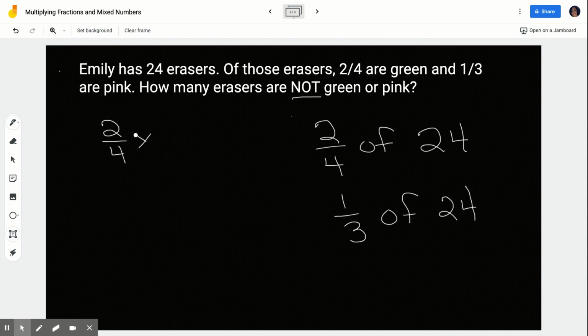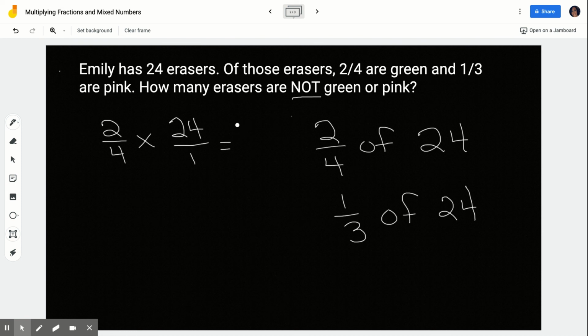So 2/4 times 24. Now we're going back to that whole number represented over the number 1 so that I'm able to multiply. So again, this just says 24 divided by 1. Anytime anything is divided by 1, it equals itself.